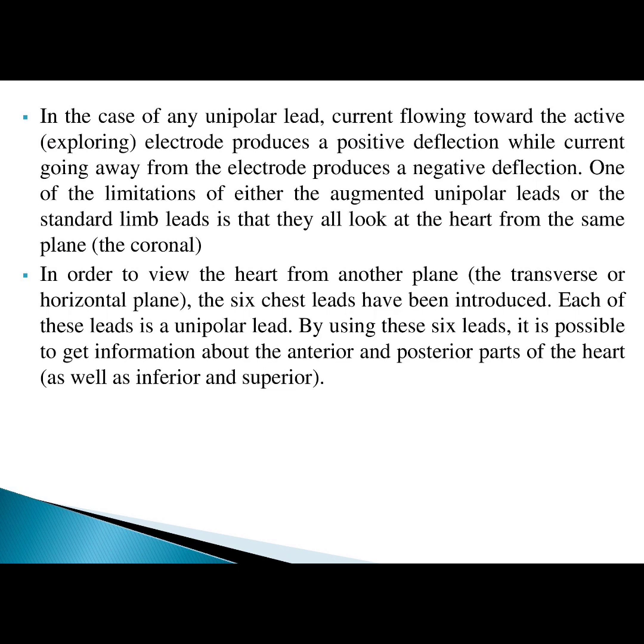In order to view the heart from another plane, the 6 chest leads have been introduced. Each of these leads is a unipolar lead. By using these 6 leads, it is possible to get information about the anterior and the posterior parts of the heart.